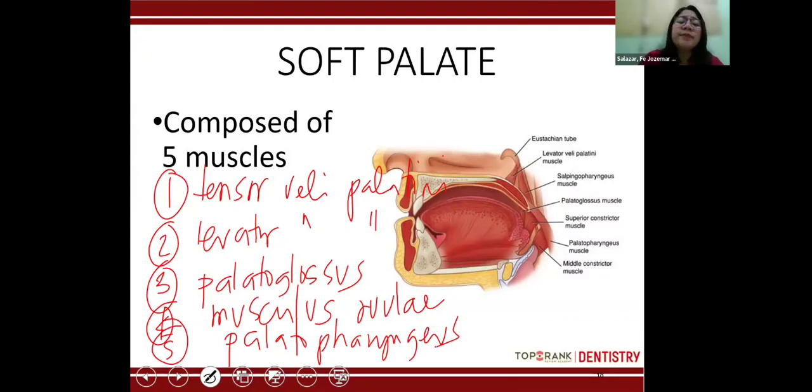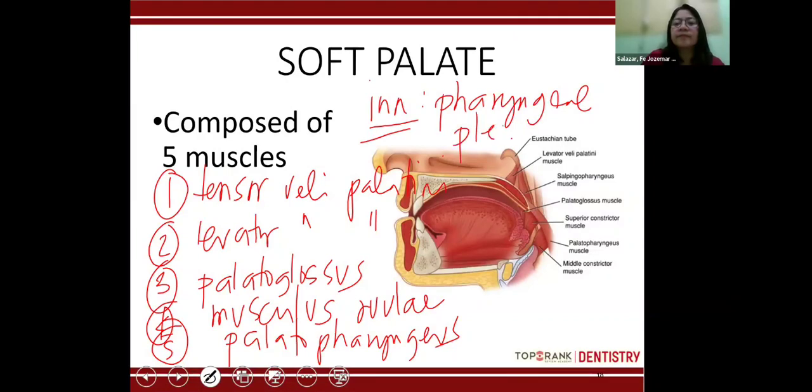Now, syempre kapag may muscle, may innervation. What nerve will innervate the muscles of the soft palate? What nerve? Okay, you know the innervation? It's your pharyngeal plexus. Okay?